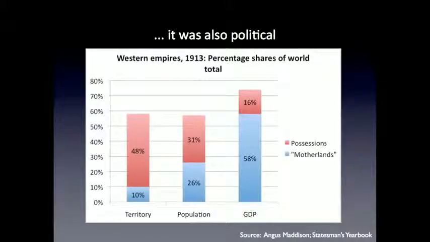By 1913, these 10 countries plus the United States controlled vast global empires: 58% of the world's territory, about the same percentage of its population, and a really huge, nearly 3/4 share of global economic output. And notice, most of that went to the motherlands, to the imperial metropoles, not to their colonial possessions.